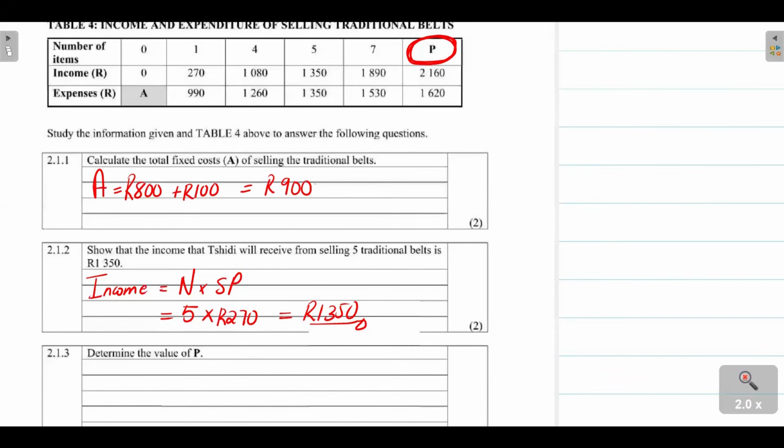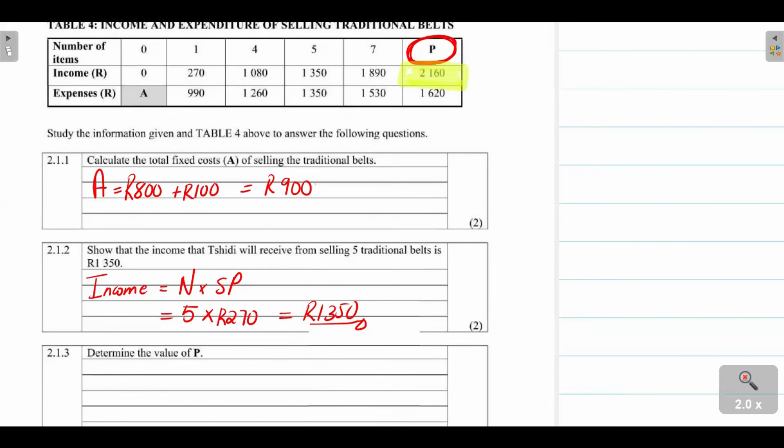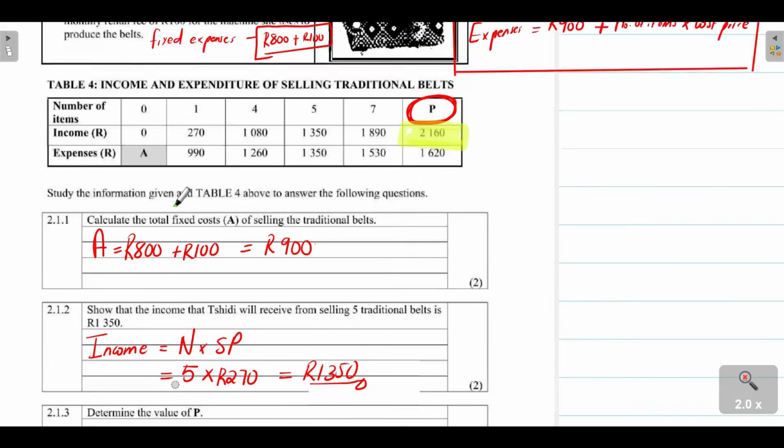Okay, so if I want to solve for P, I can either work with the income or work with the expenses. You should still get the same answer. Let me show you. Let's say I decide to work with my income.